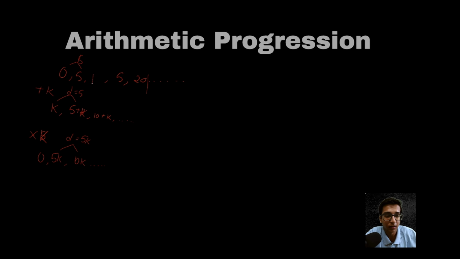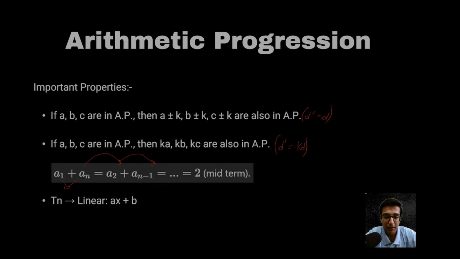Then 0 plus 20, the first term from the start and the first term from the end, would be equal to the sum of the second term from the start and the second term from the end. And this would be equal to twice the middle term. 20, 20, 20. And if the middle term wasn't given, then there would have been 2 terms. Then again you would add those and you would get the same answer.